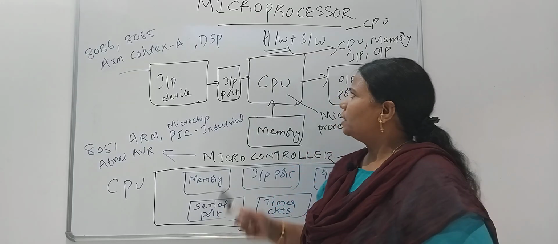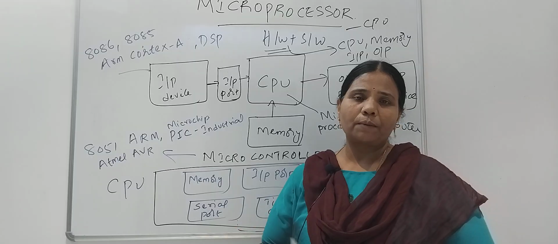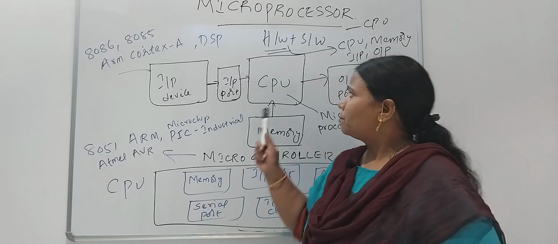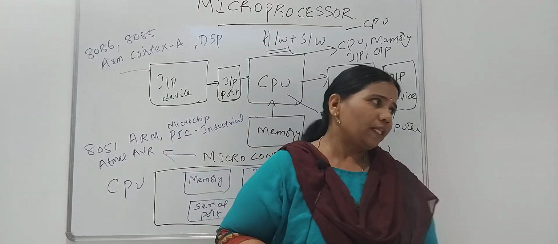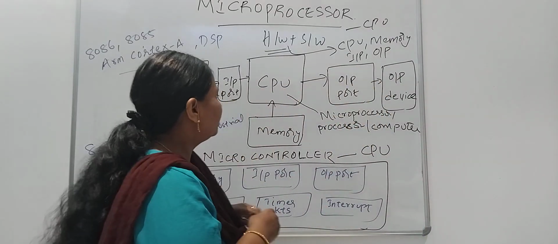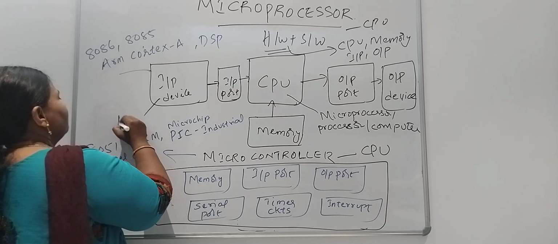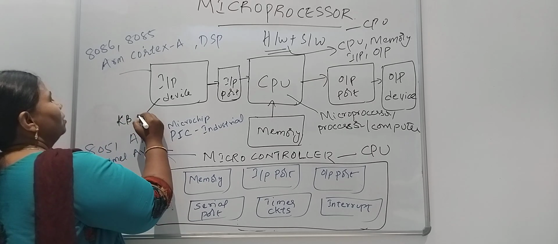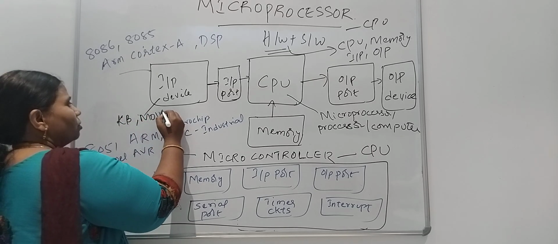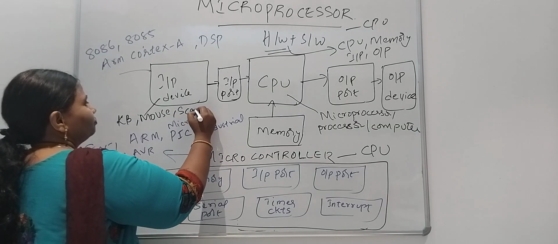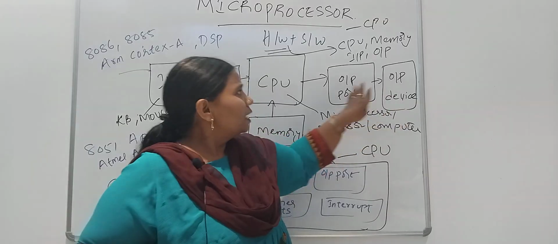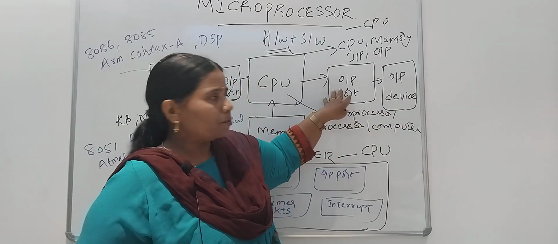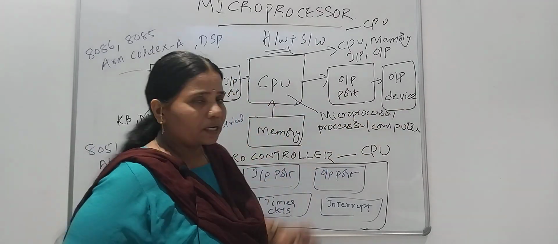When this program controlled CPU is connected to the input device with the help of the input port circuit, your input device can be a keyboard, a mouse, or a scanner. The CPU is also connected to the output device through the output port circuit, and the CPU is also connected to the memory.